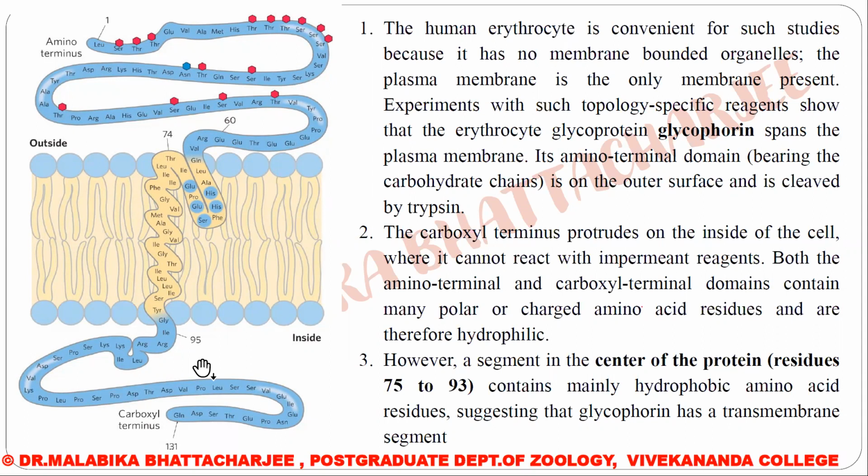When I started by saying that the membrane looks trilaminar in nature, what I meant was this. You can see this is one layer of lipid. It looks like a lipid bilayer, but if I consider this to be one layer, this is the layer of protein that is protruding out, the layer of protein outside of the cell. And this is the layer of protein that is protruding to the inner side of the cell.